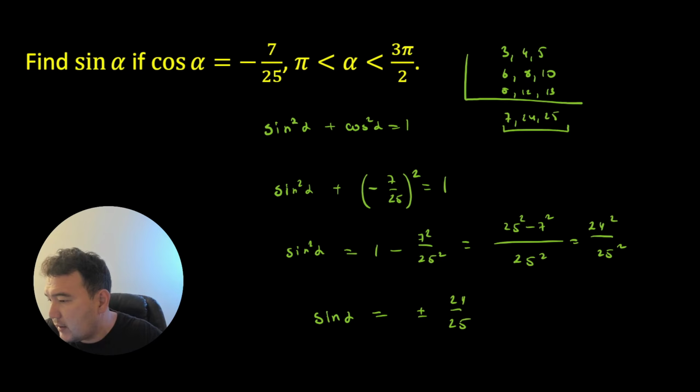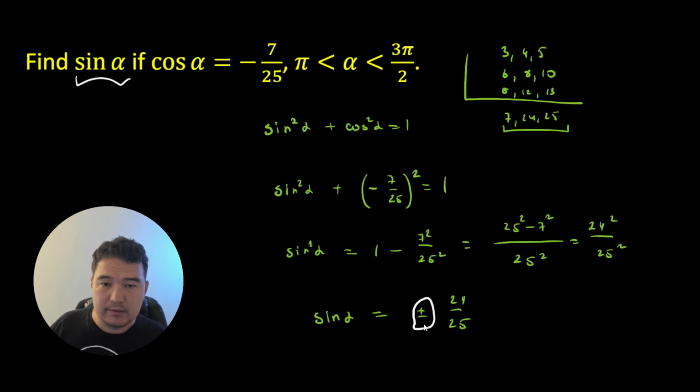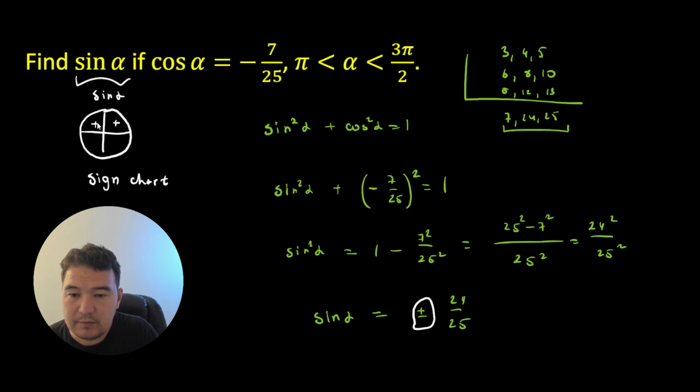But the thing is, sine alpha is a single number, so you can't assign two different signs. You have to choose whether it's plus or minus. This is where the sign chart of the function comes in. For sine alpha, if alpha is in the first and second quadrant, the value of sine is positive.